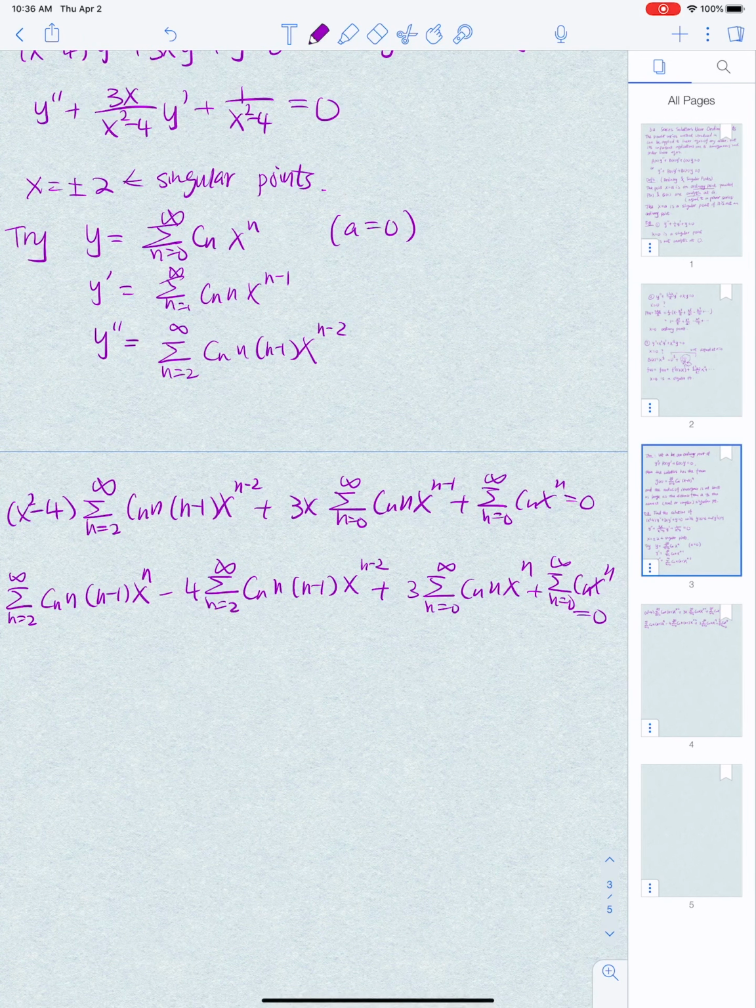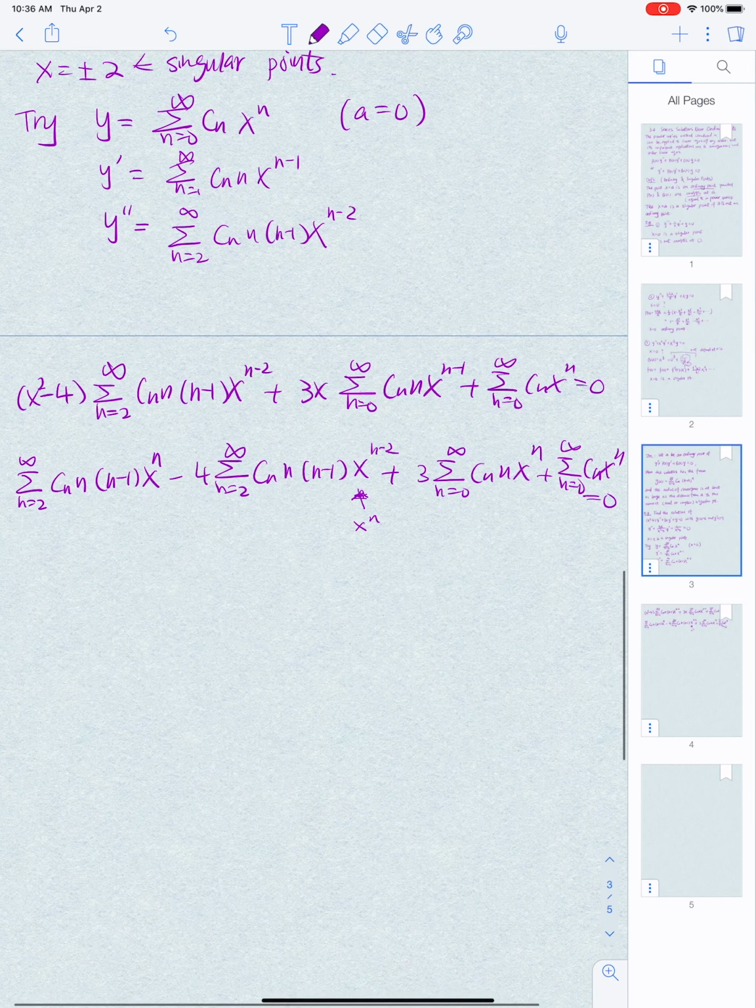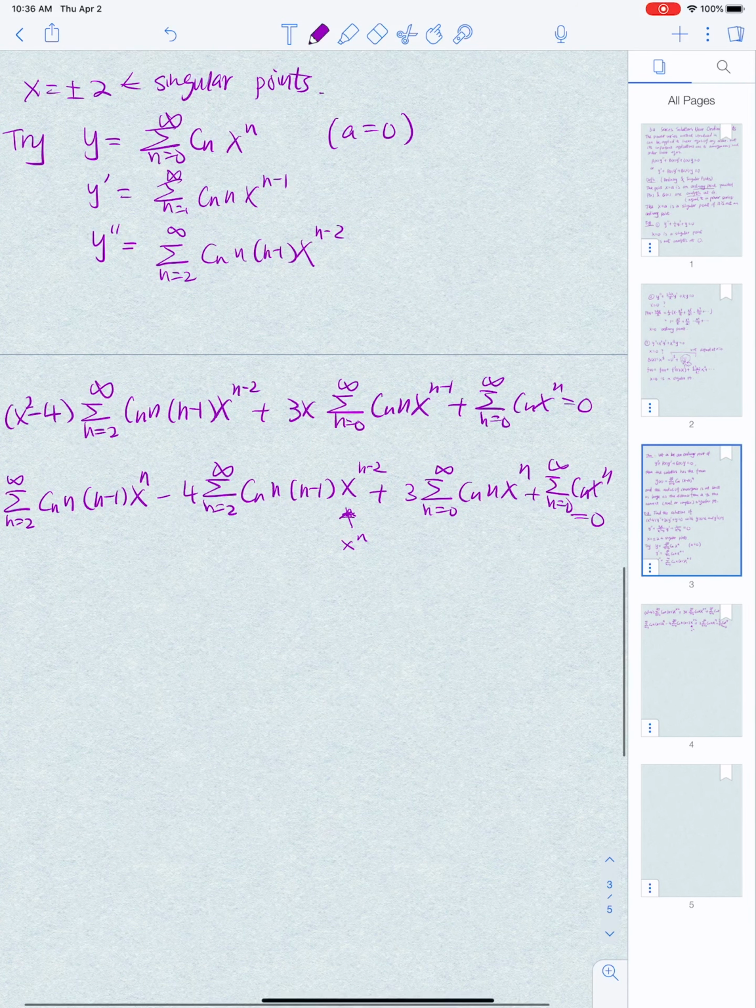And now we're going to rewrite the second term so that it has x to the power n. So that means we're going to do n plus 2.